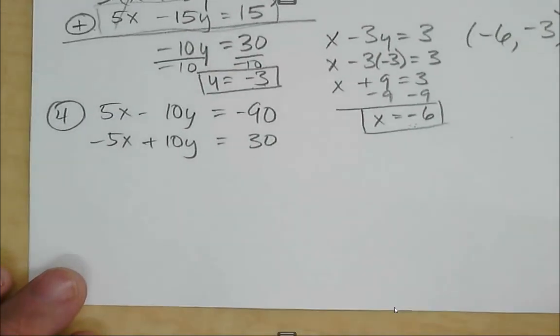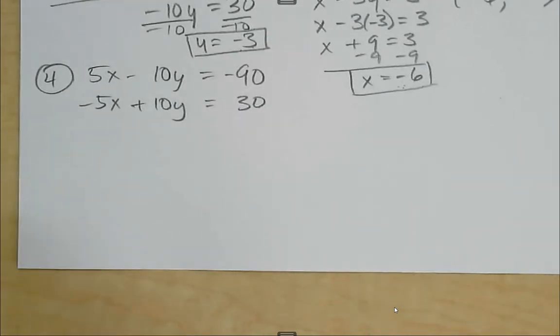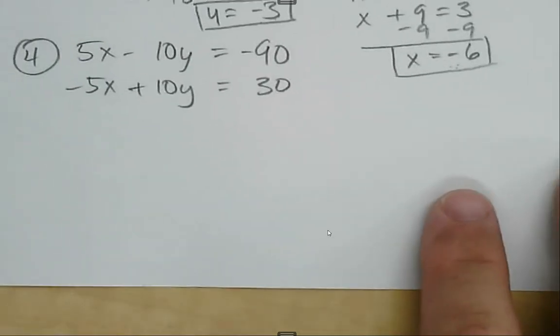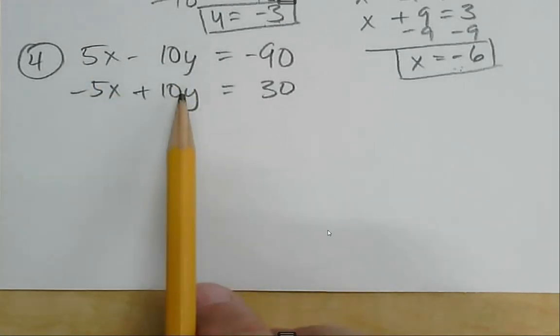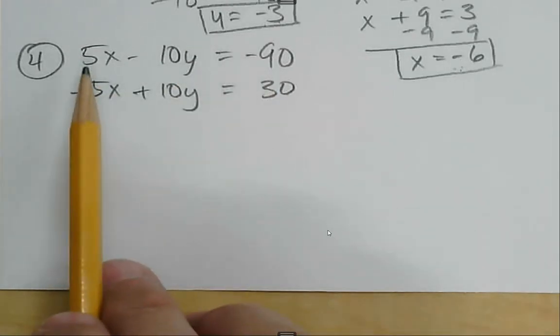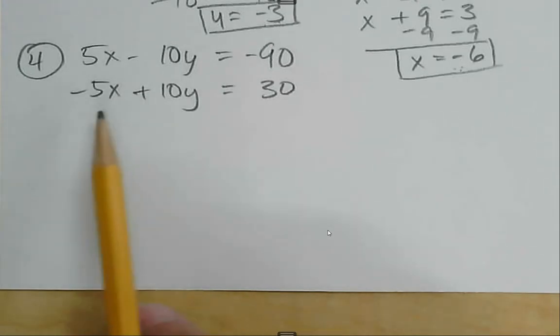Last but certainly not least, we have this guy right here, number 4. And if you look at number 4, you notice that we have very similar equations. We have those in standard form, but you note that my coefficients are the same on both of these. So really we can work with either one we want to.